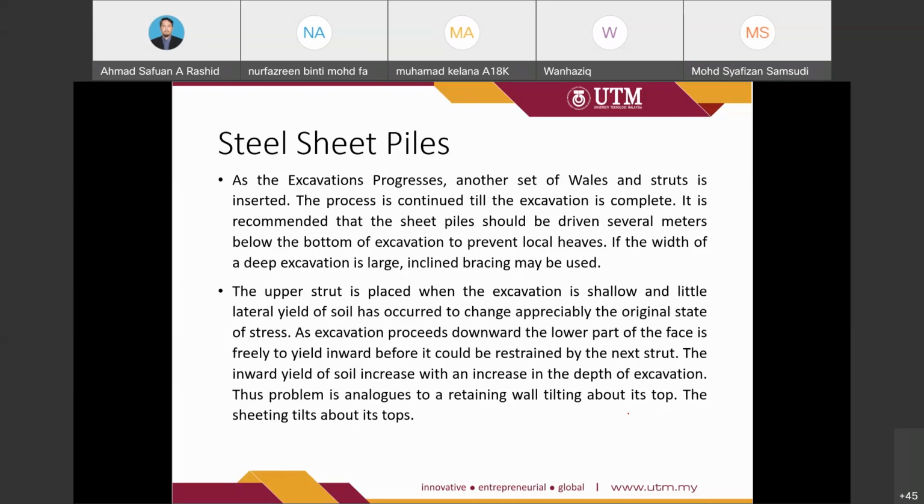The inward yield of soil increases with the increase in the depth of excavation. The problem is analogous to a retaining wall tilting about its top; the sheeting tilts about its top. So that is the importance of using the struts, otherwise it will start to tilt.